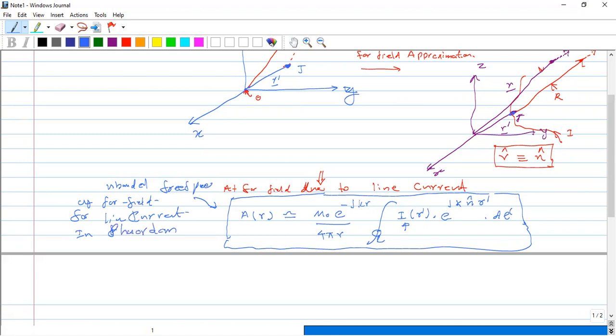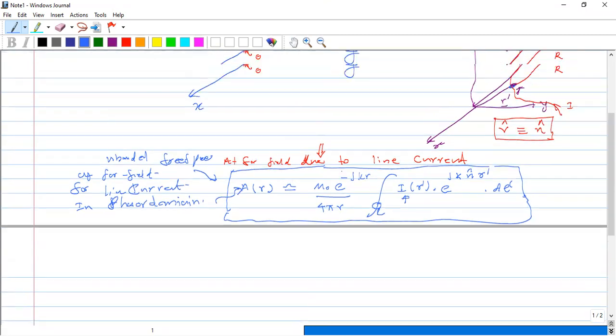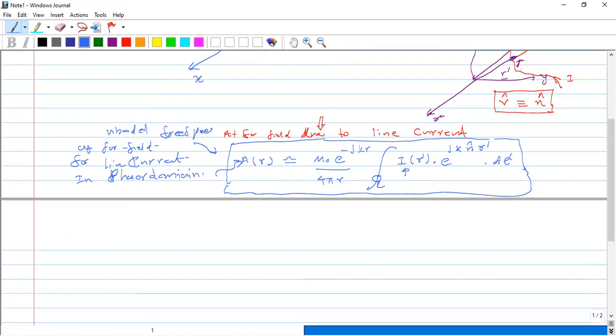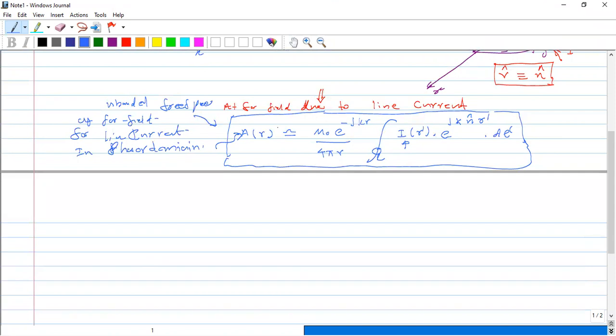This is the solution for the magnetic vector potential. And this line current conductor, you can consider as the antenna.